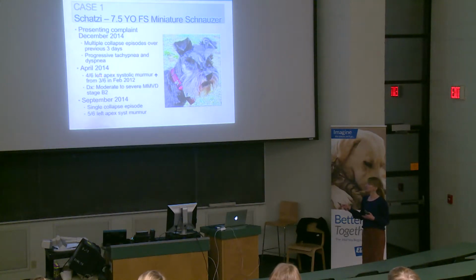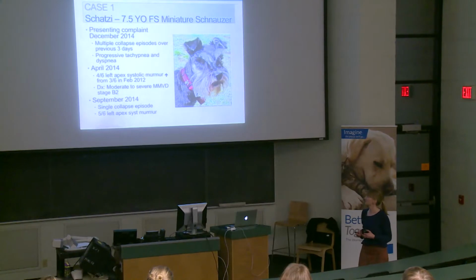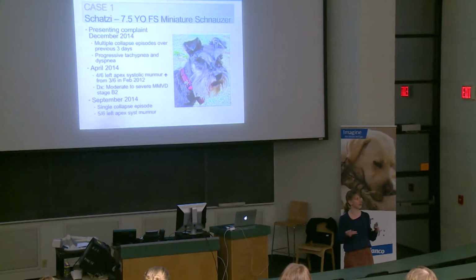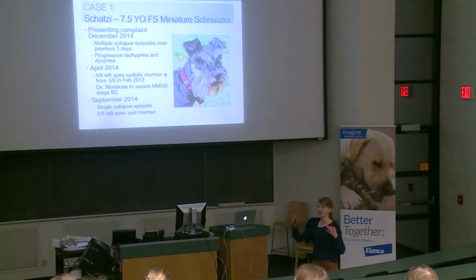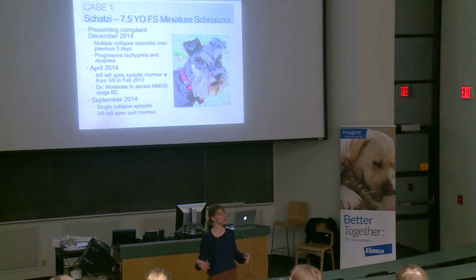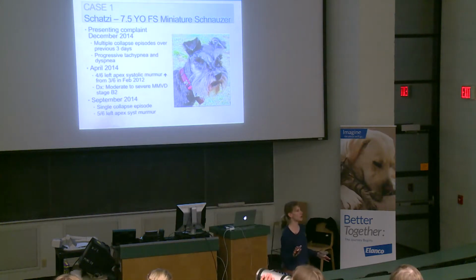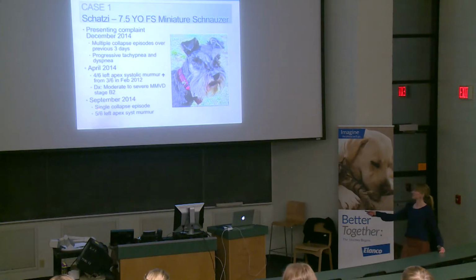And so we did see her in April, and we did diagnose that she actually had moderate to severe myxomatous mitral valve disease, and we classified her as stage B2. So if we think back, those were our patients that had identifiable cardiac disease with cardiac enlargement, but they're still asymptomatic. She had no clinical signs at that time, according to her owner, until she presented in September for a single collapse episode.